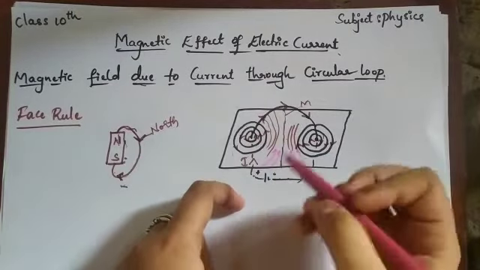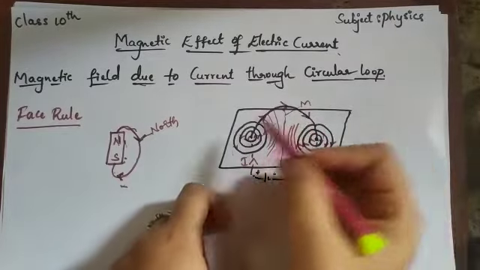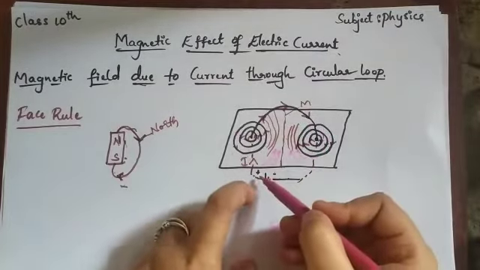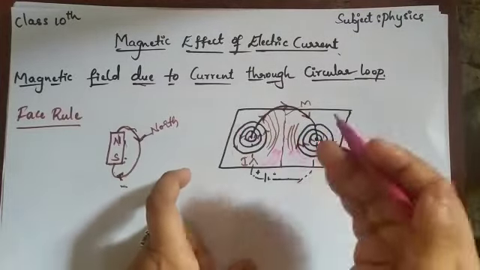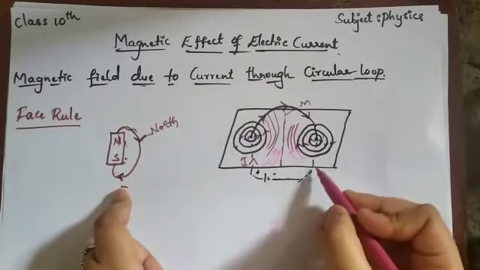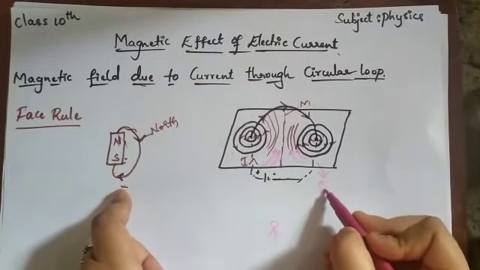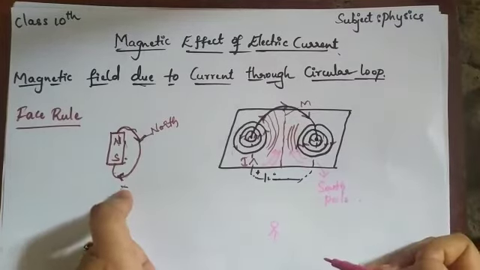In this direction the magnetic lines are entering inside the cardboard sheet. Wherever the magnetic lines are entering inside, that position I will call the south pole of the magnetic field.